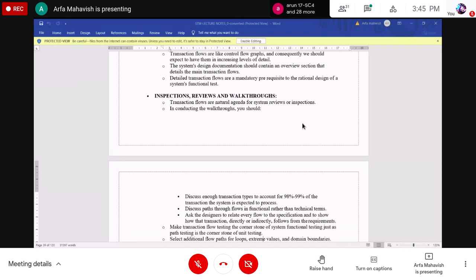Walkthrough is a training section, or a knowledge transferring section. It is given the name KT, about the process or the transaction.